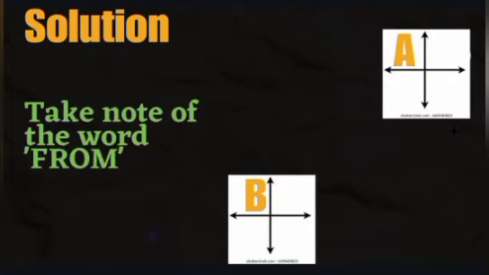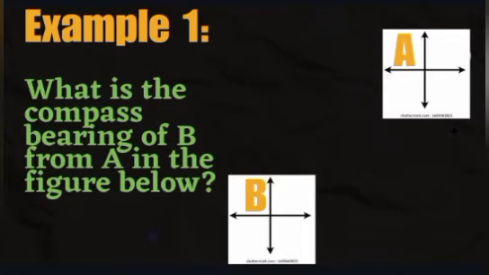It tells you the point at which you are expected to focus on, the point at which you are expected to make your calculations from. So our question here says, what is the bearing of B from A? So that means we are focusing on point A to solve this question.